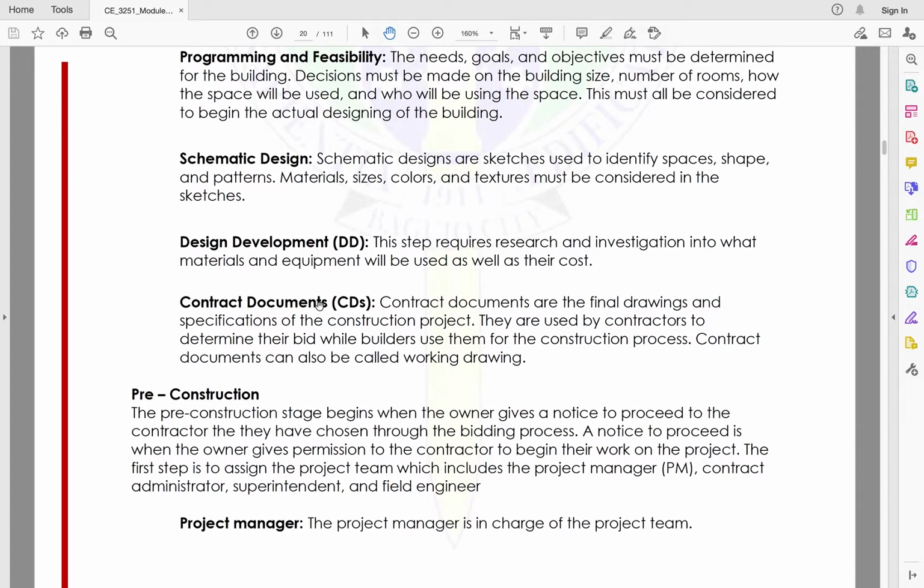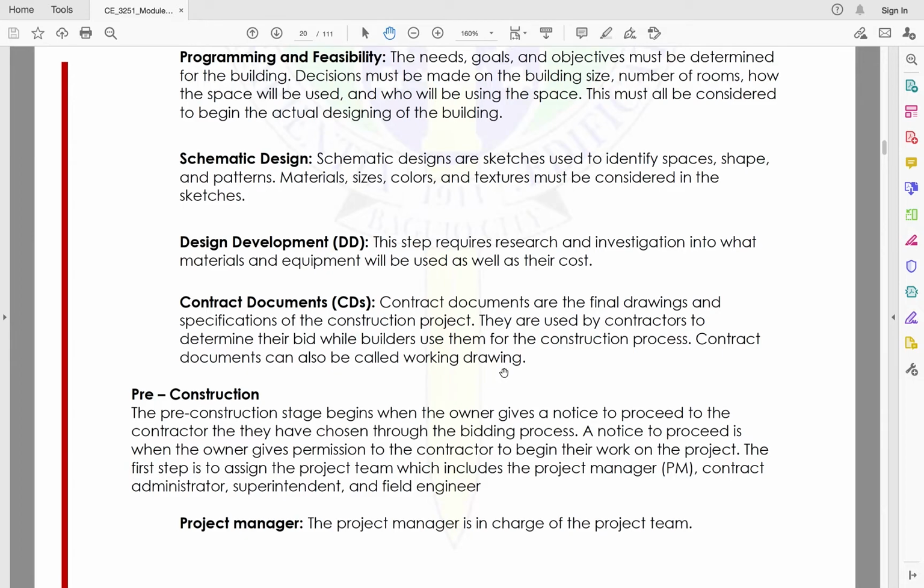And contract documents. Contract documents are the final drawings and specifications of the construction project. They are used by contractors to determine their bid, while builders use them for the construction process. Contract documents can also be called working drawings.